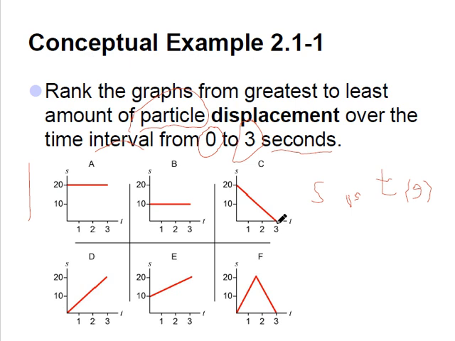So the particle started from 20 meter and then got to 0 meter at the third second. See, that's how we read it. And here this particle starts from 0, 1 second, going to about 5 meters, 2 seconds, let's say, 12 meters, and gets to 20 meters at 3 seconds.